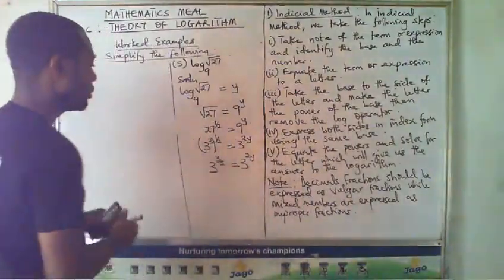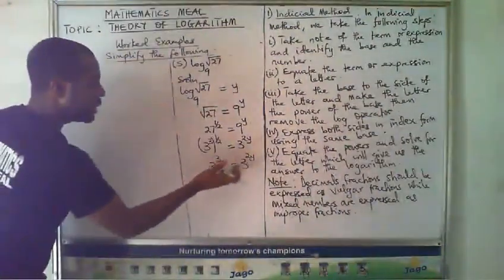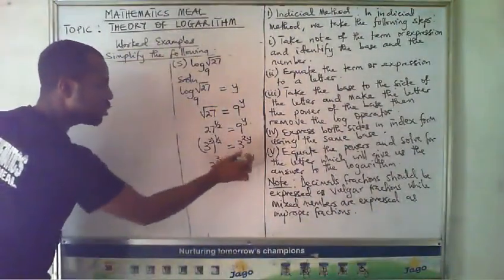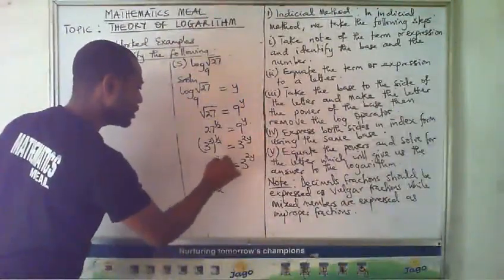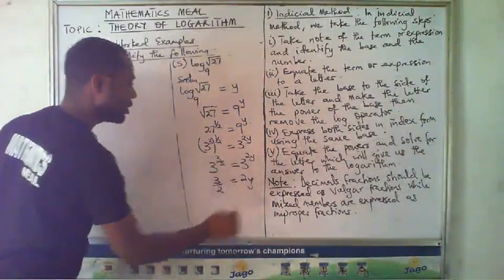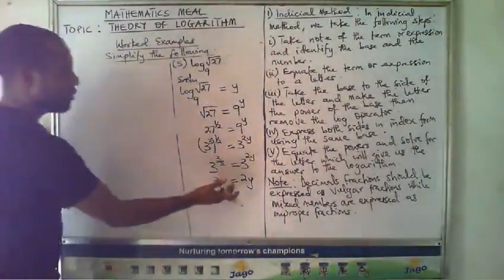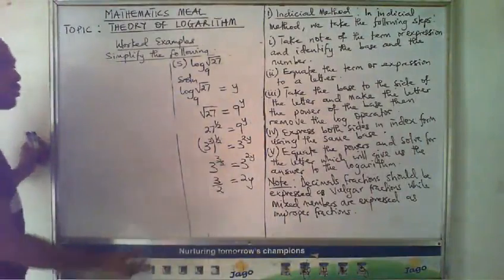Okay, since the bases are now the same, they say equate the powers. Remember, we are following this step. So we have 3 over 2, which is this power, is equal to 2y. Beautiful. We have a fraction and we have another number. How do we clear fractions?